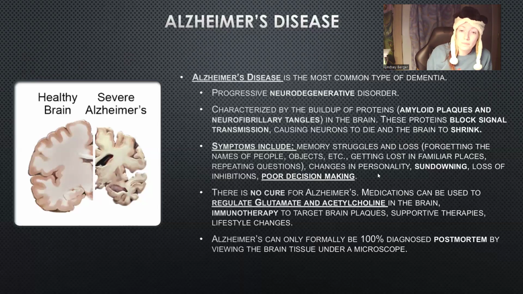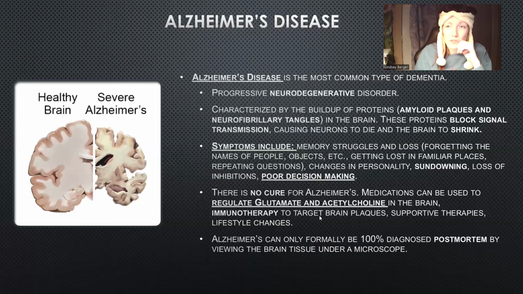One of the most jarring changes, and one that was hard for me to see with my grandmother, was that her personality changed because of the structural changes happening in the brain. Literally, people can get very irritable, very angry. They can develop different interests.